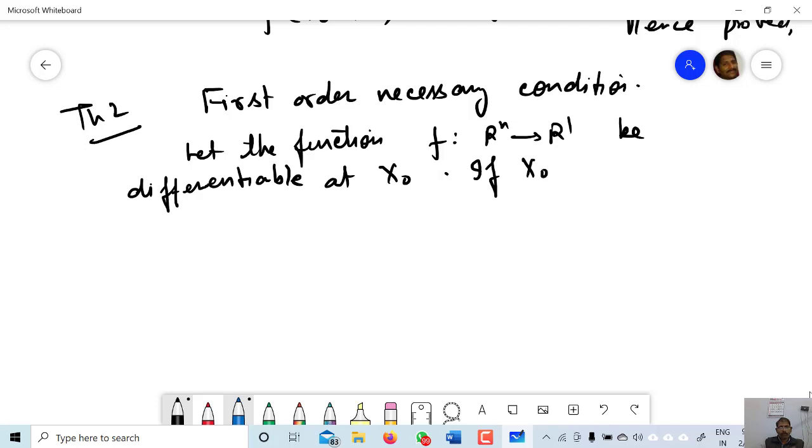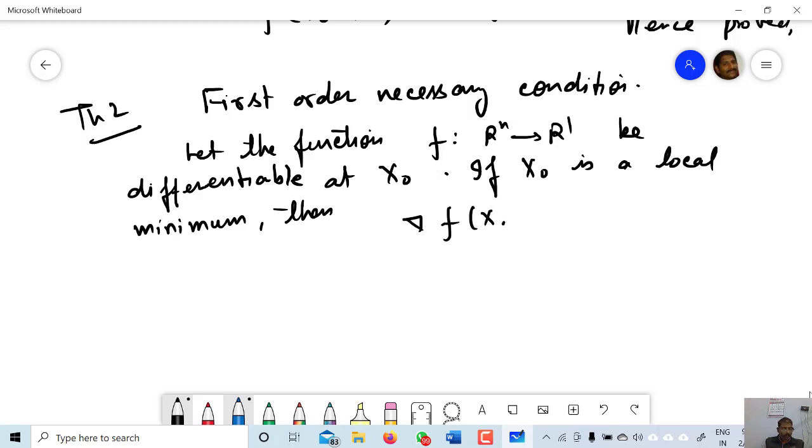If x0 is a local minimum, then we can say that the gradient of f at that particular point is equal to 0. It is a simple differentiation equation, but we have to prove it.